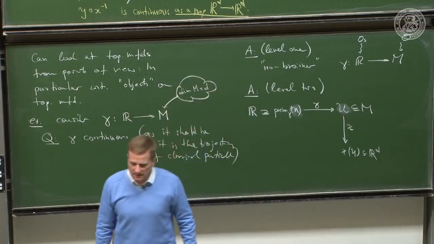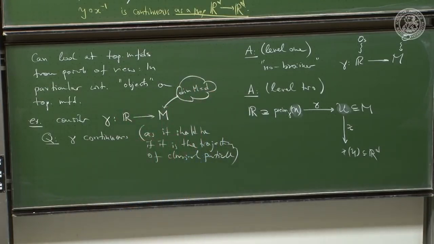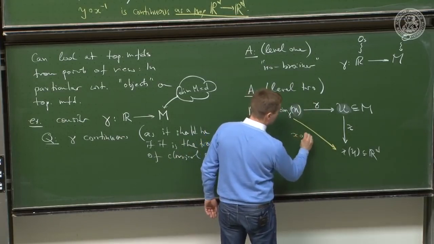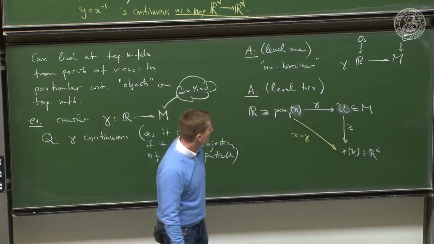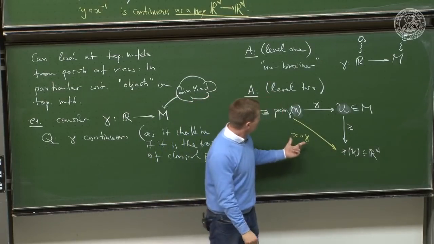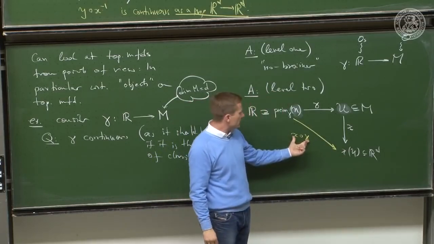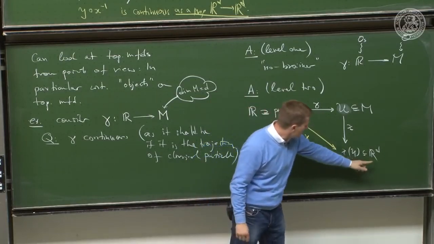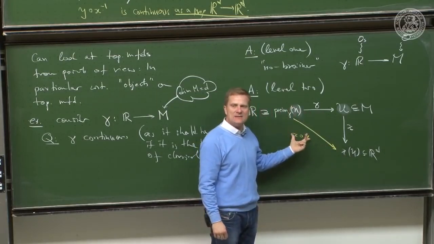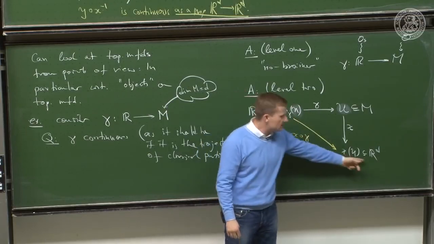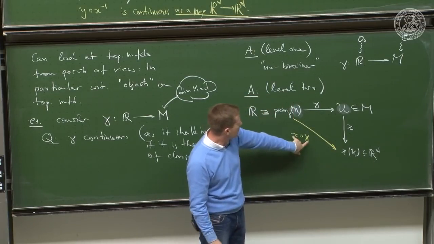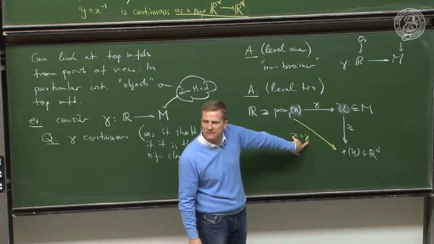Okay. And then you actually were instructed in your physics courses to not look at the curve gamma, but to look at this curve, at the curve X after gamma. And probably you were even instructed to look not at X after gamma, which is a curve from some part of R into Rd. You were instructed to look at the ith component of this curve, because these are, for a given parameter, the coordinates where your curve is.